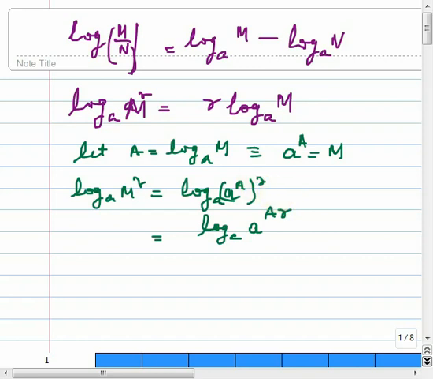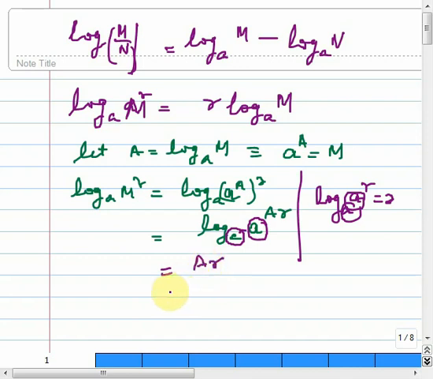Now we have already derived one property of logarithm, that is log a to the power r is equal to r. You see, this is a, this is also a, so this value will become a r, right? And what is a?